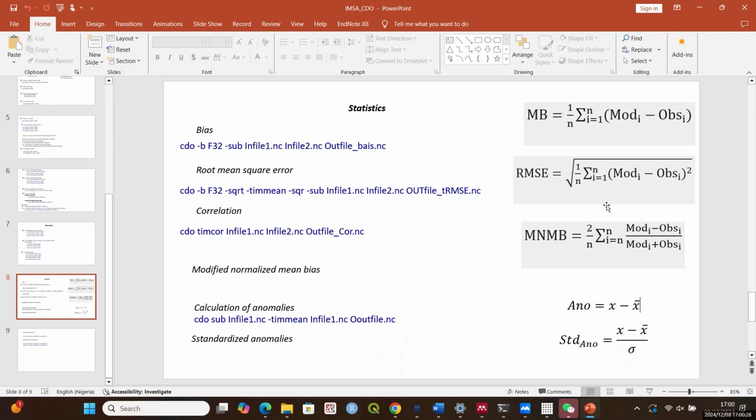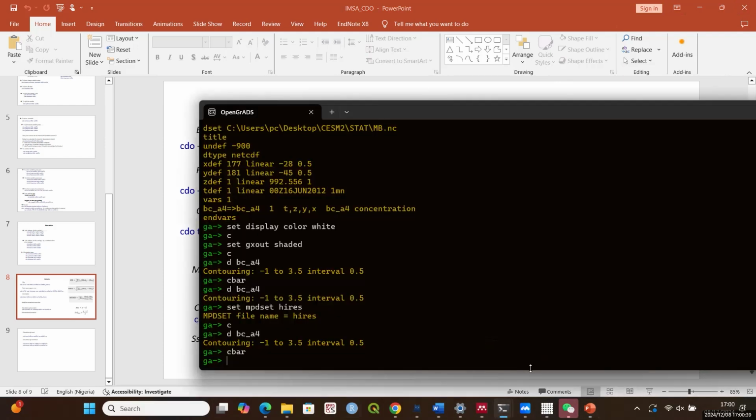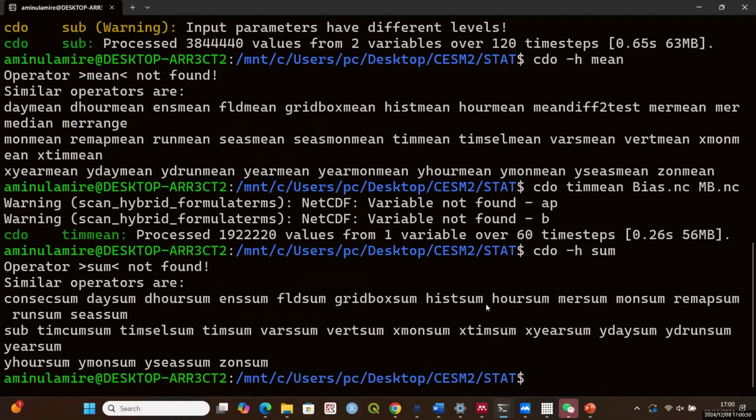Remember, we already calculated the bias. So we need to square the bias. If you are able to type and plug this in, you easily remember. But if you just want to watch, you easily forget them. So let's square our bias.